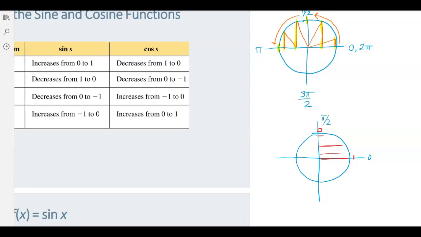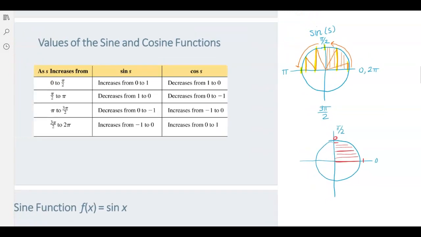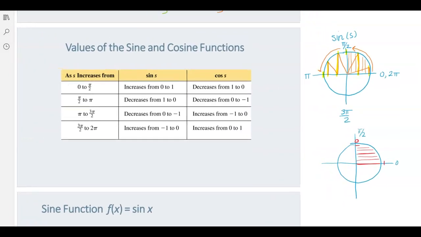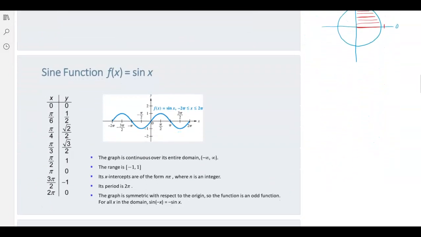So cosine is measuring these values. You can see that they're decreasing, whereas sine is measuring these values, and we can see that they're increasing. And that's going to change for each of the 4 quadrants. But this gives us an idea of how the graph looks.